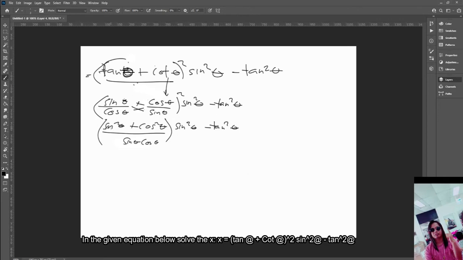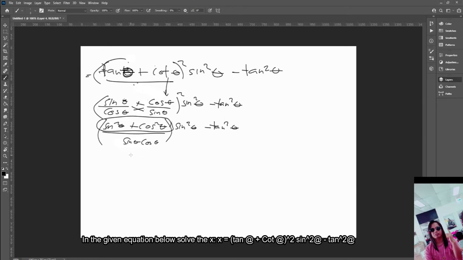So now we can easily spot, the expert or the more experienced mathematician can easily spot that this is actually an identity here, where this equals 1.